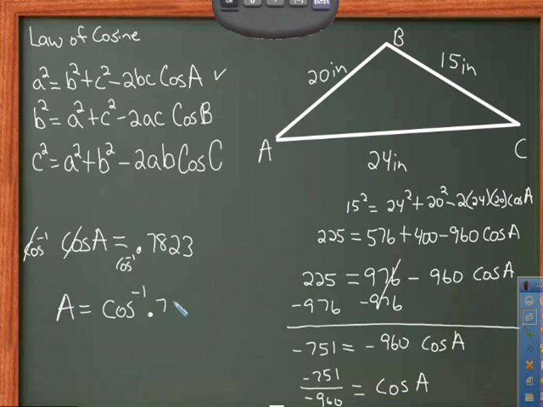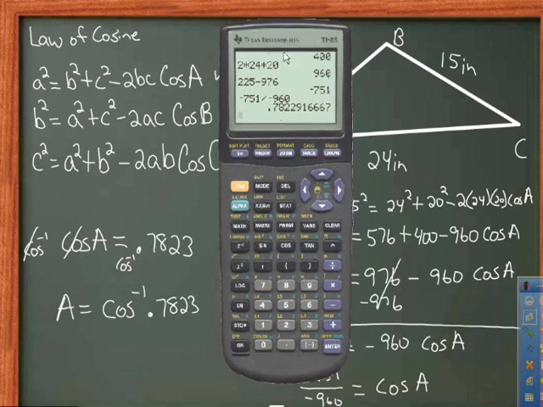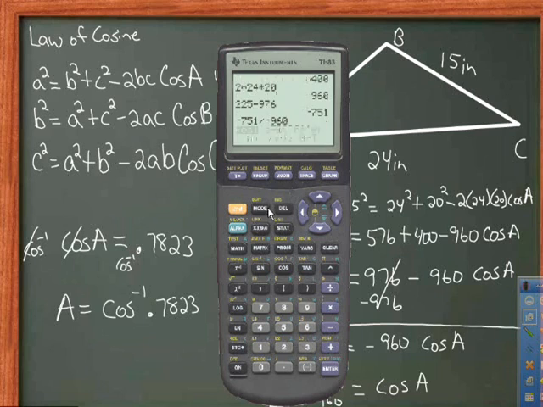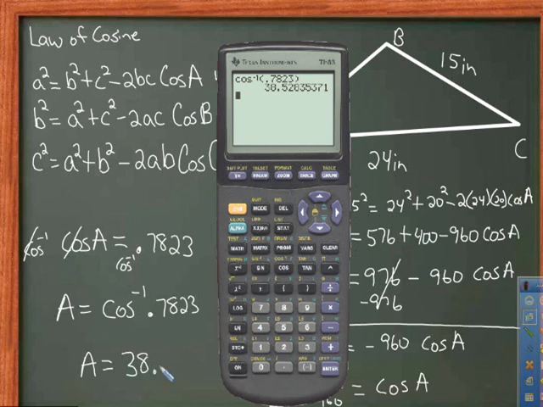Enter this in the calculator. Make sure that it's in degree mode. So you go mode, degree, and yes it is. Then I enter second cosine, 0.7823, and press enter. Angle A is equal to 38.53 degrees.